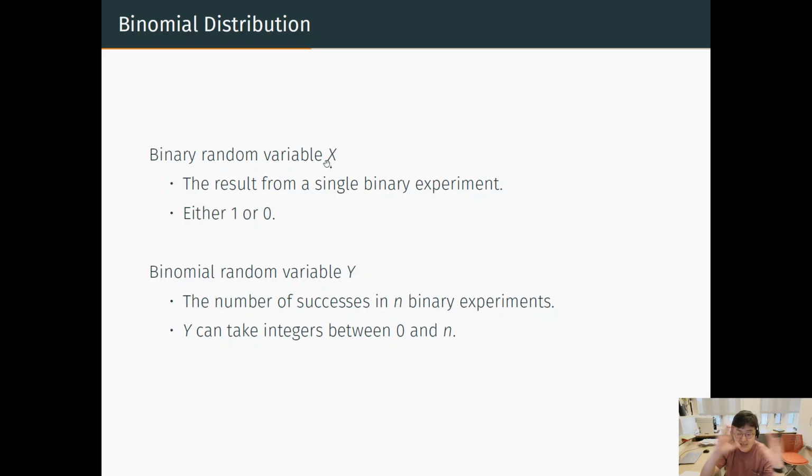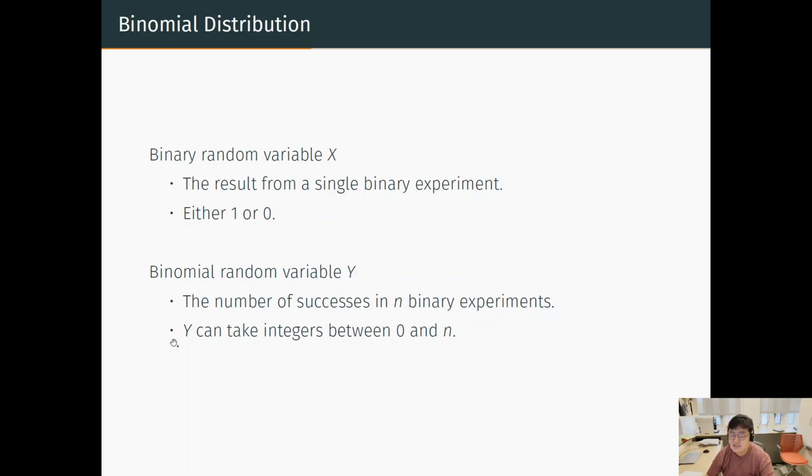One quiz has 10 questions, and what you are interested in is the grade out of 10 questions. So we will define a new random variable called a binomial random variable, which is the number of successes in multiple experiments. Exactly the online quiz, right? So binary is about one question, but binomial is a set of multiple questions.